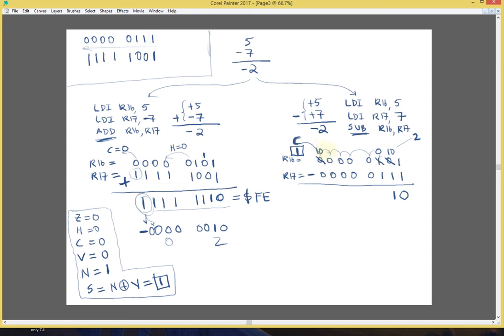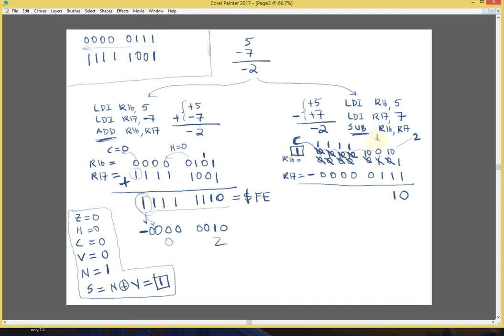Therefore, a 1 is borrowed to this guy, and it becomes 1, 0. But then this guy needs to borrow from here, so I steal a 1, and this becomes 1, and this becomes 10. But this guy needs to borrow a 1 from this guy, so I steal a 1, this becomes 1, this becomes 2. Then this guy needs to borrow a 1, so I steal a 1, this becomes 2, and this guy becomes 1, and so on.